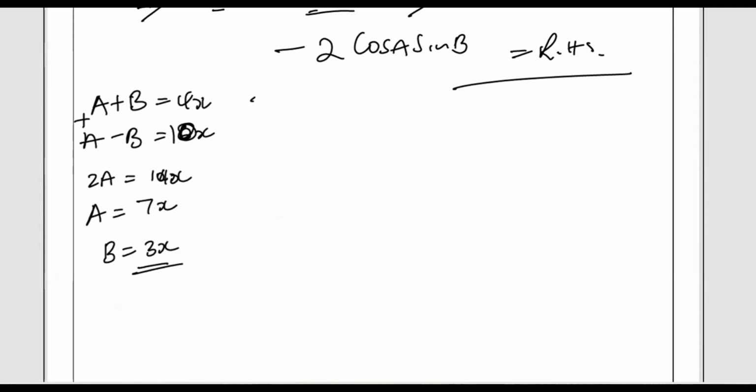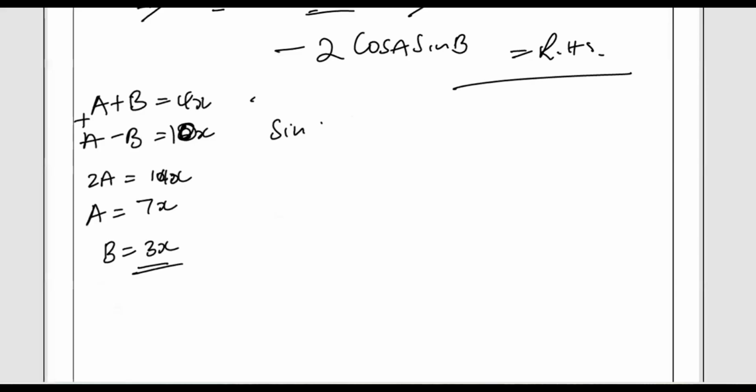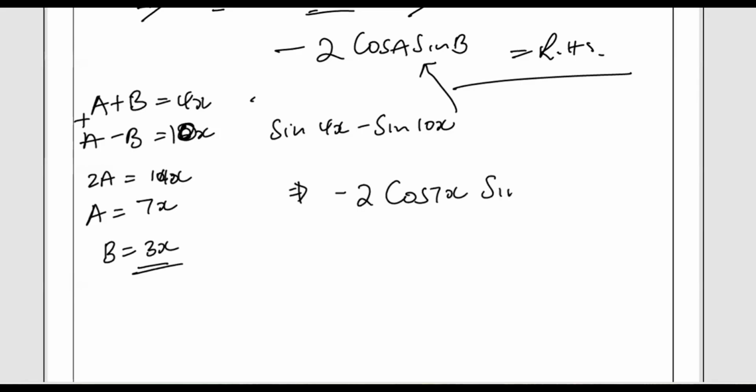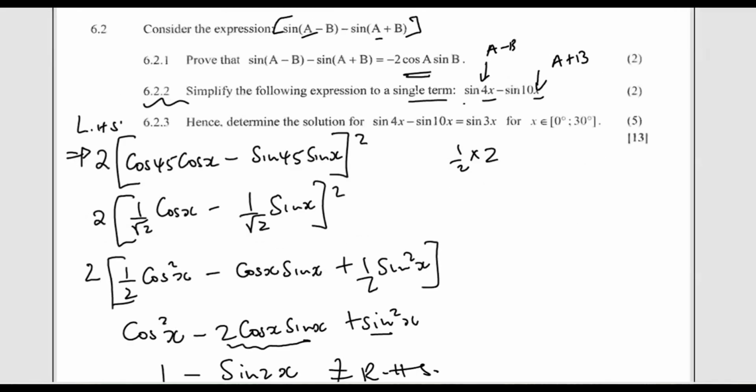Then where I see sine 4x minus sine 10x, I'm going to equate it to negative 2 cos of a, which is 7x, and sine of b, which is 3x. That is what I would have done for that part.